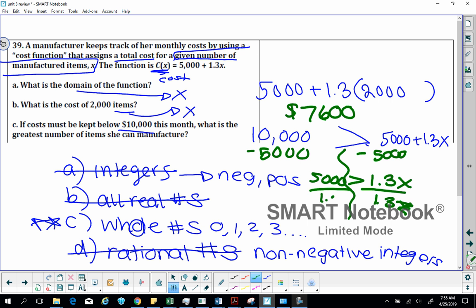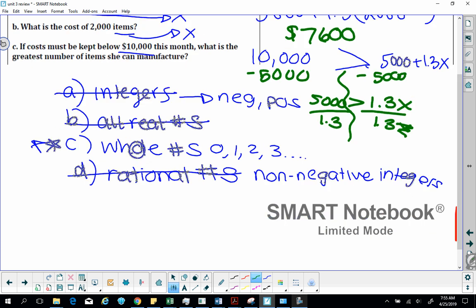Divide by 1.3. What answer do you end up getting? Can you say it louder? 38.6. Okay, 38.6.